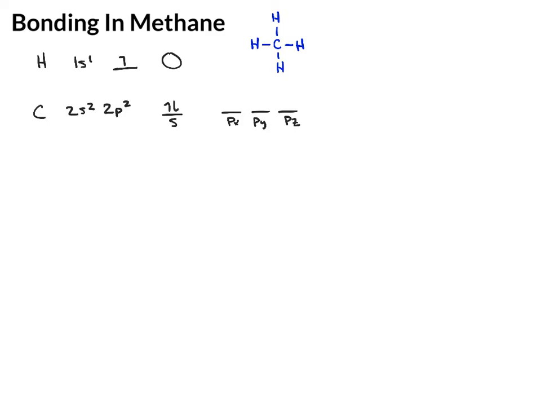There's 2 electrons in the s orbital, 1 in each of the p orbitals. As far as what these look like, carbon's 2s orbital is a sphere, just like hydrogen's. Now the p orbitals are lobe-shaped. So we have p in the x direction, p in the y direction, p in the z direction.